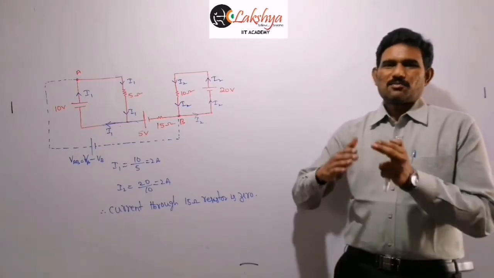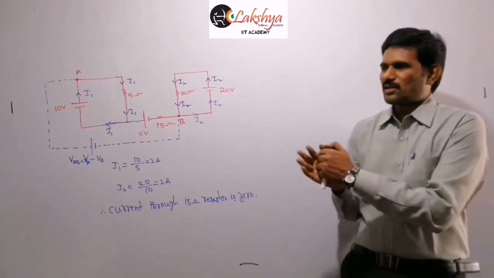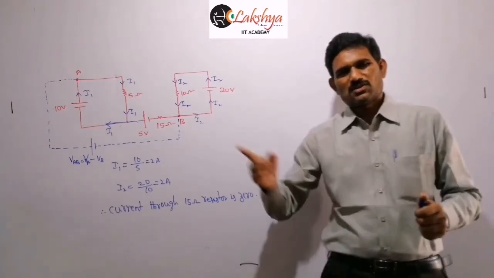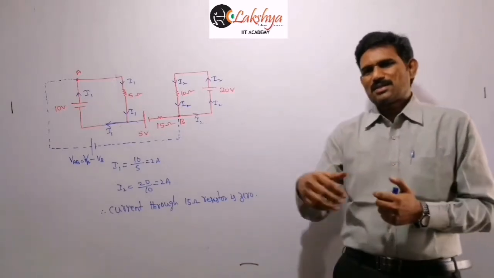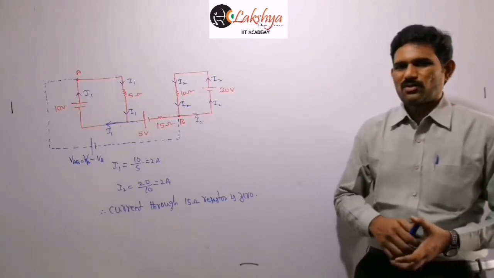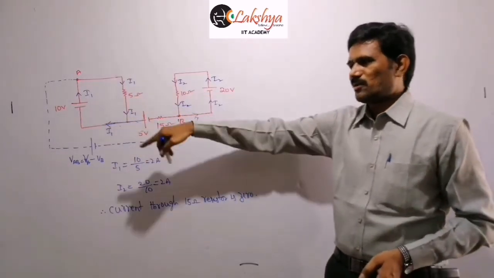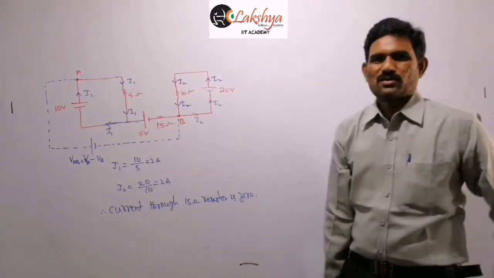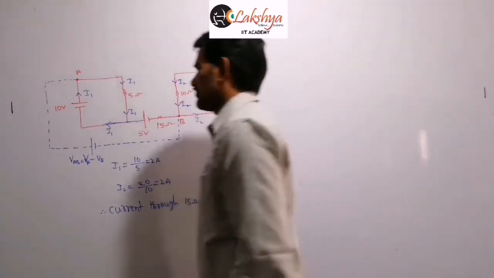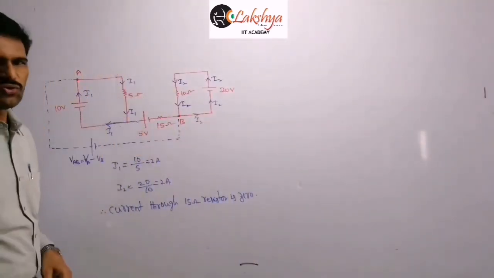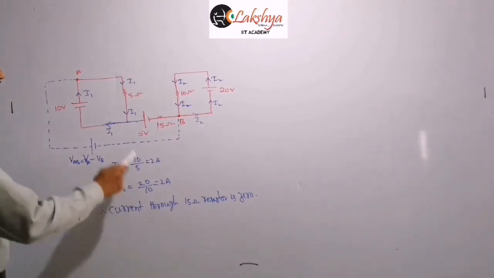When you are starting this class, we discussed the 2 methods for this, when an open branch is there. So this is one method, and the second method is directly applying from one point to another point, or you can apply it by assuming some closed loop here, right? Now when you are applying this closed loop, if you want to apply the Kirchhoff voltage law, you can apply along any path.